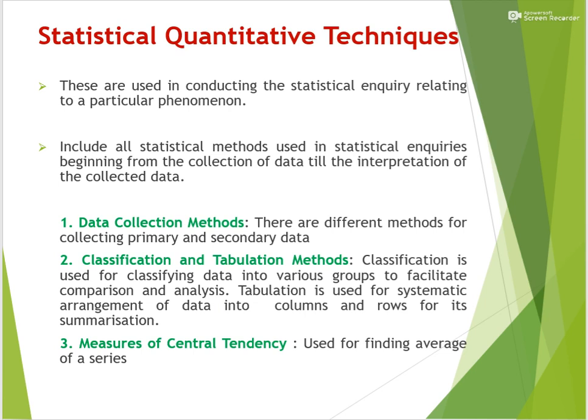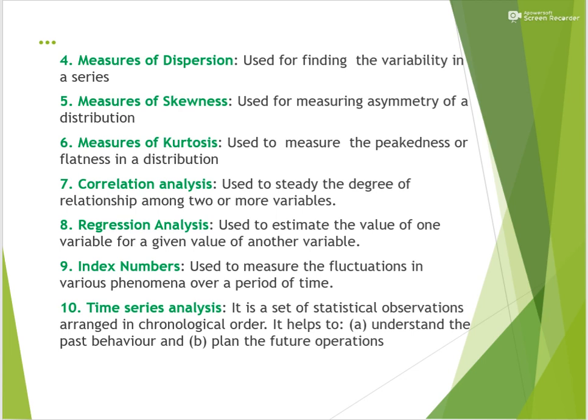All of you know the important measures of central tendencies such as arithmetic mean, median, mode, geometric mean, harmonic mean, etc. All these are used for finding average of a series. The fourth one is measures of dispersion.